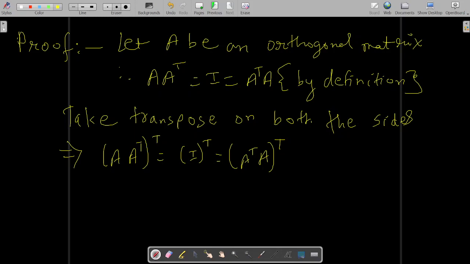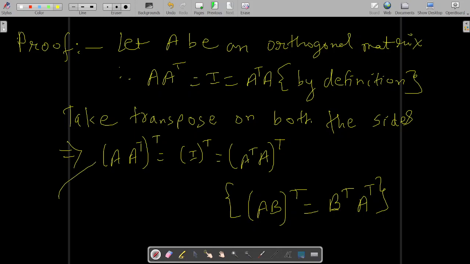That (AB) transpose is equal to B transpose A transpose. It is equal to like this, right?